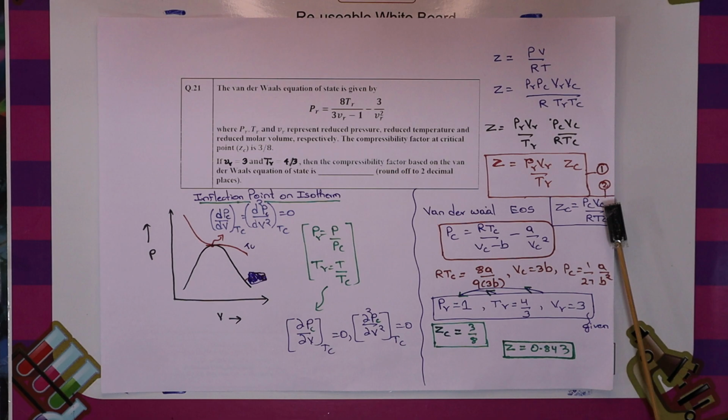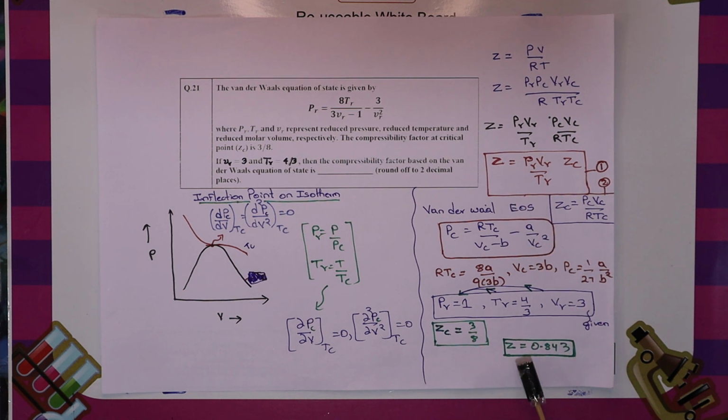I am going to show you how this comes. R TC is 8 times A by 9 times 3 into B, VC equals 3B, PC equals 1 by 27 into A by B square. Now I have everything in terms of A and B. Once I substitute these values here, I can calculate ZC, which turns out to be 3 by 8. Through this ZC, using equation 1, I calculated the compressibility factor as 0.843.